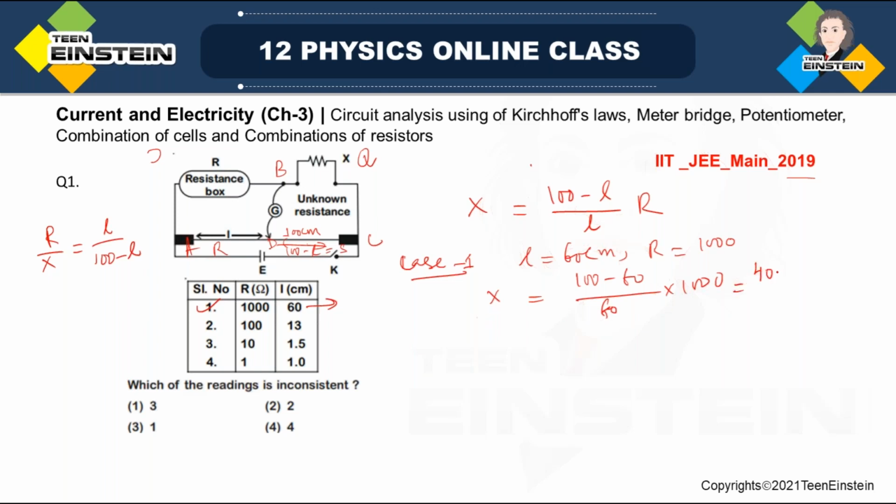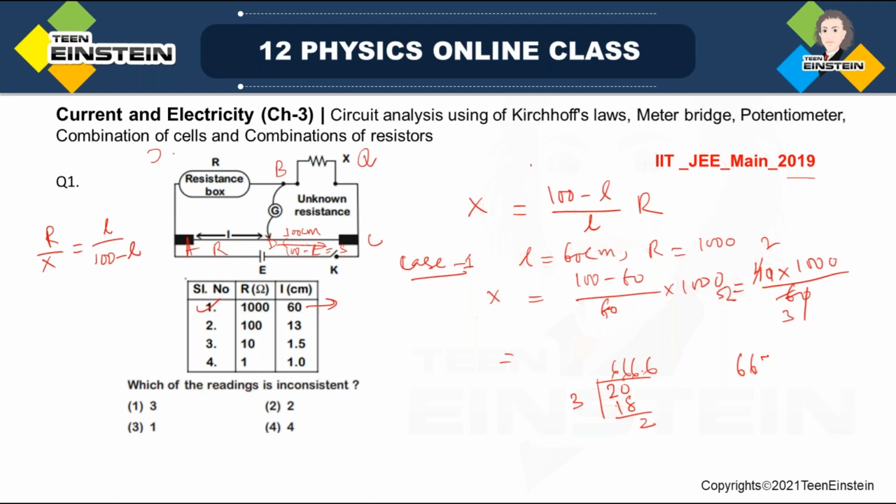This will be in ohm anyway. 40 into 1000 divided by 60. So it will be like this. If we divide this by 20, again 6 will come.